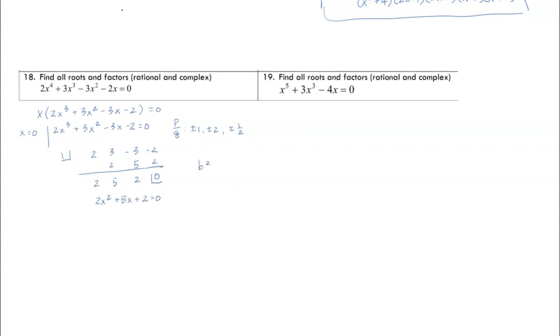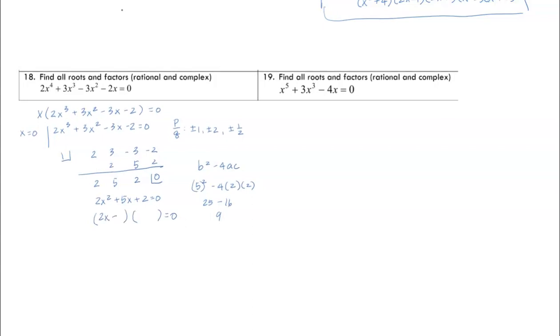So I'm going to see if it's factorable. 5 squared minus 4 times 2 times 2, 25 minus 16 is 9. Yes, it is factorable.